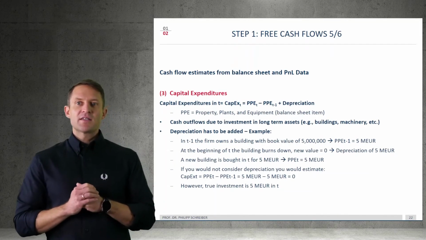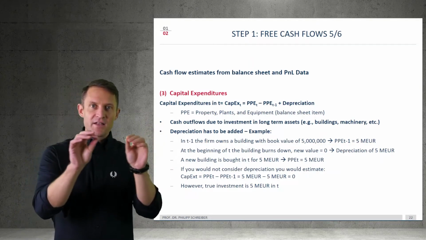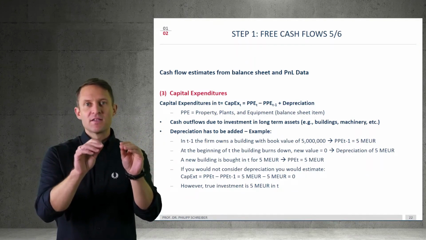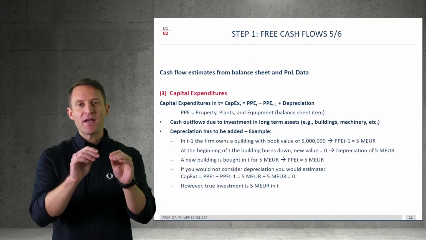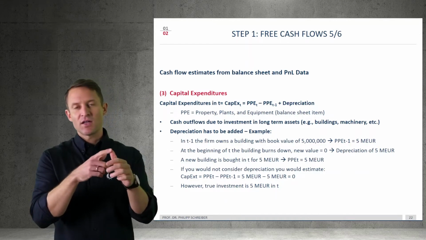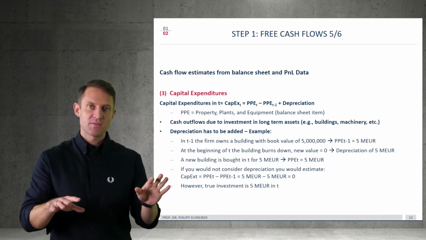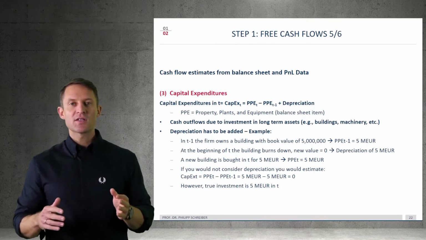Now, next step, capital expenditure. The headline question here is, how much money did the company spend on long-term assets such as buildings, machines, land, software, stuff like this? The logic is simple.